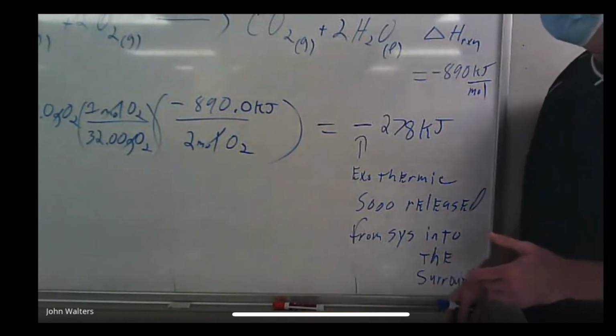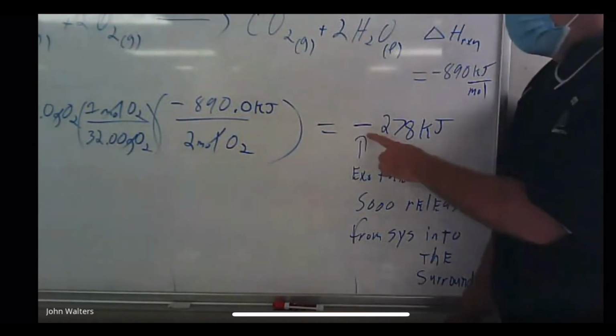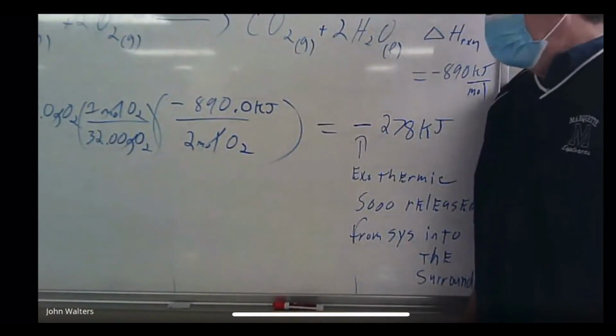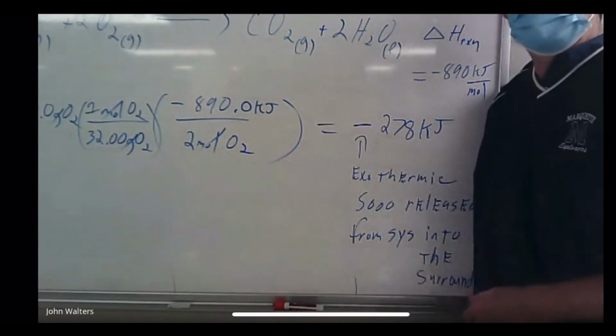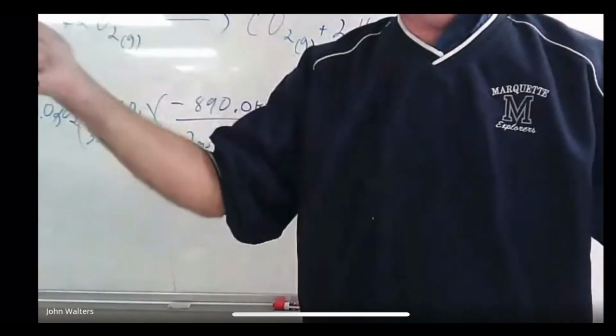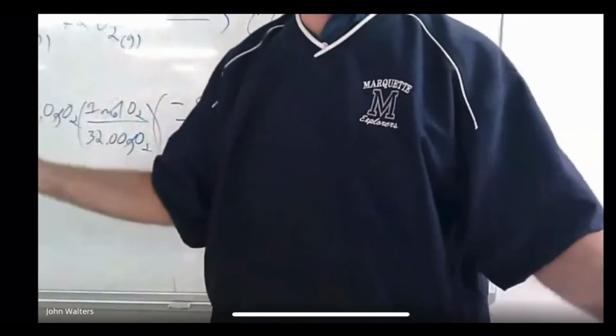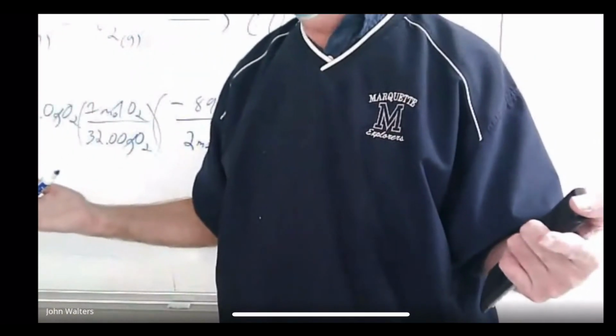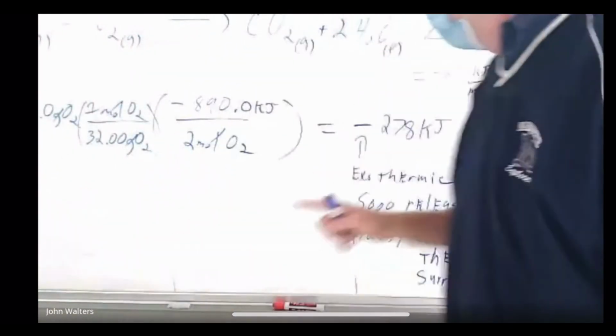You need to know what's going on here. This negative is a sign convention. On a different planet, they could have determined that we're not worried about the system losing energy, we're worried about the surroundings gaining, and they might reverse the sign conventions. Okay? So that's just a convention.